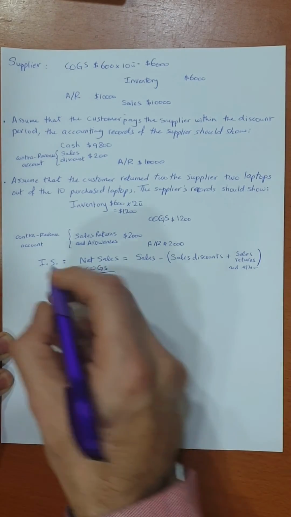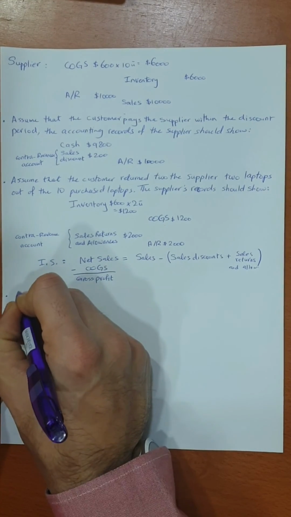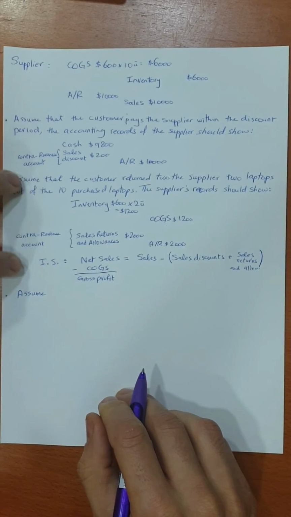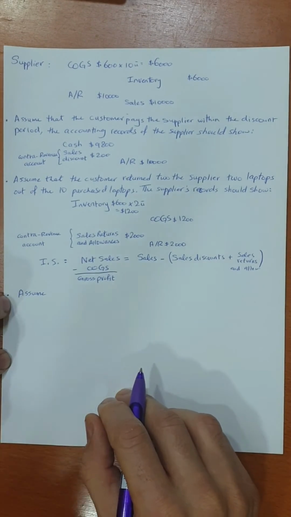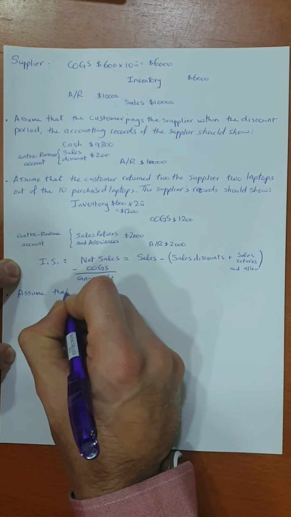One last thing that I need to draw your attention to is when we have taxes. So now assume that, again, I'll remind you that these three examples are independent, different assumptions.